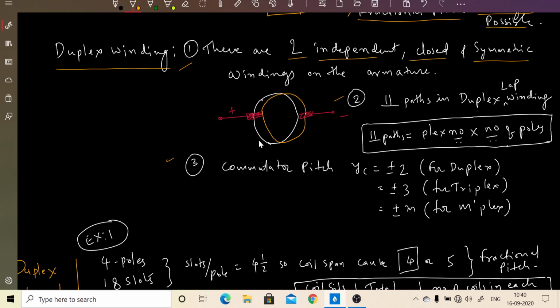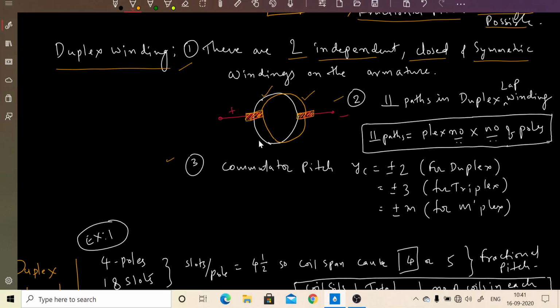This is the first and foremost thing we need to understand. This is one winding which is a closed one, and this is another winding which is independent of the first winding. These two windings will be shorted through brushes at regular intervals.